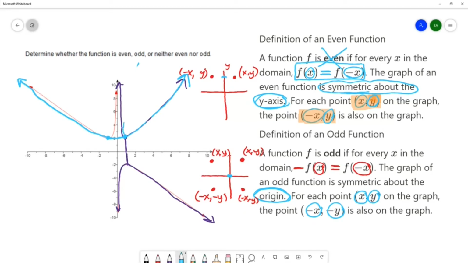This goes up and to the left, and it would mirror to go up and to the right. So what we're seeing is a mirror image going over the origin. So if we combine those two reflections, one reflection over x and one reflection over y, we get the two pieces lining up with each other. So this is an example of an odd function because it has origin symmetry.